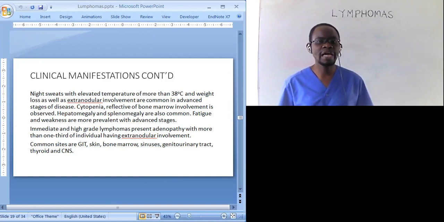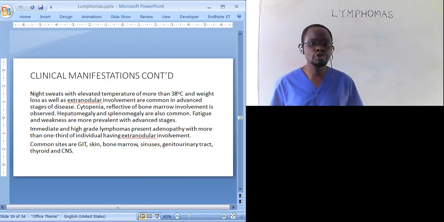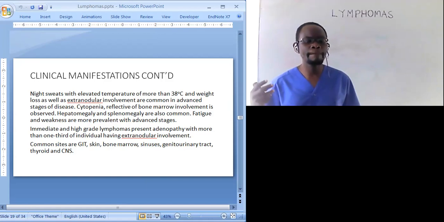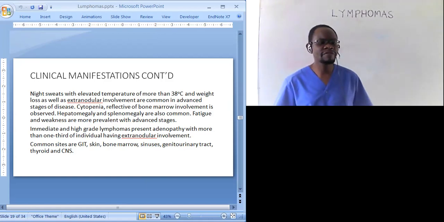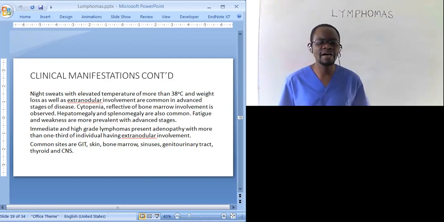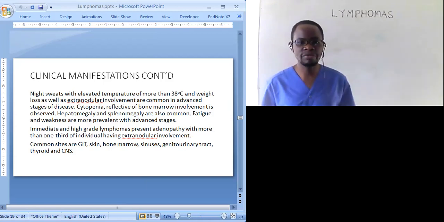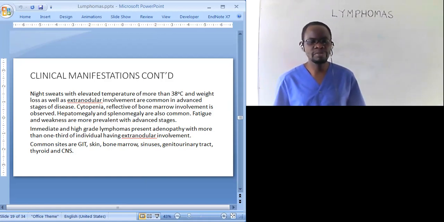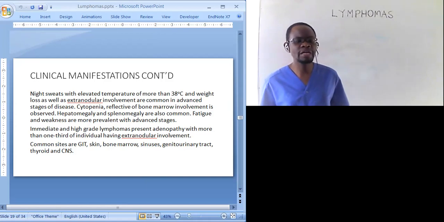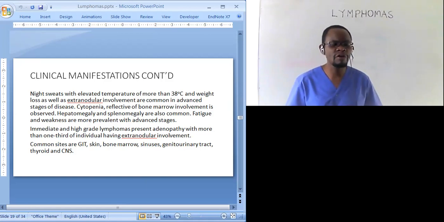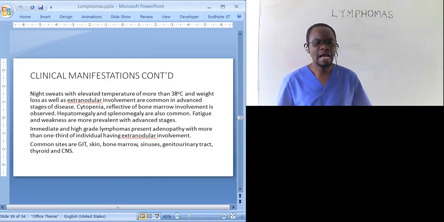You can have confusion, even coma. If it is within the bone marrow, the bone marrow is not optimally functioning, so the blood cells are affected. So depending on where these tumors have gone, the patient can present accordingly.